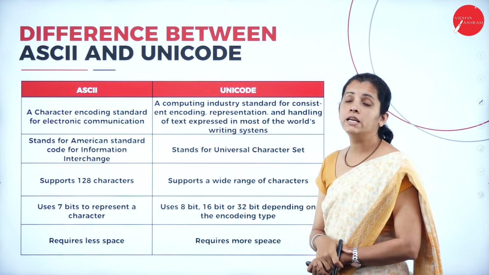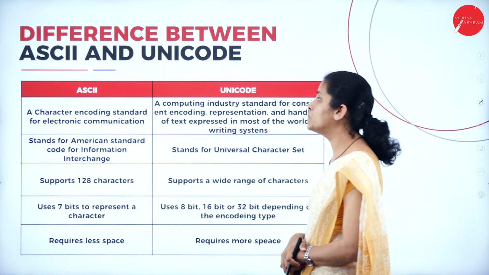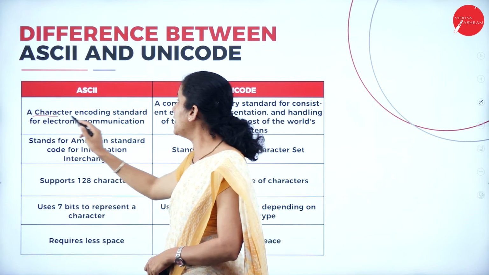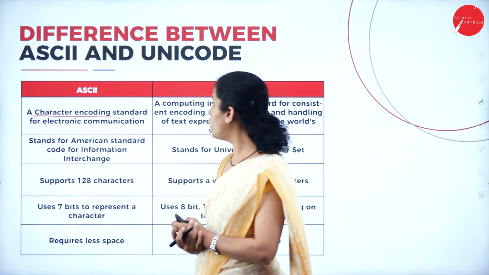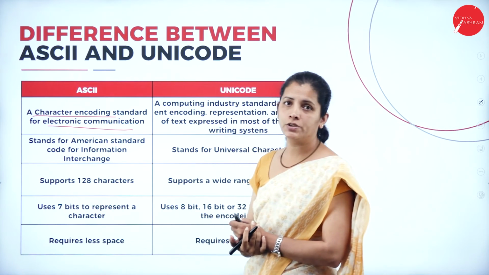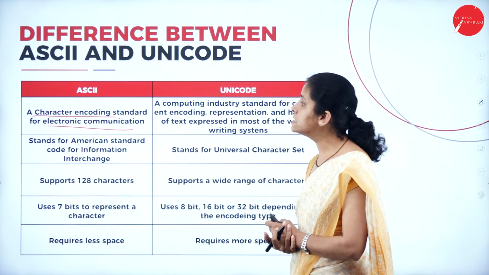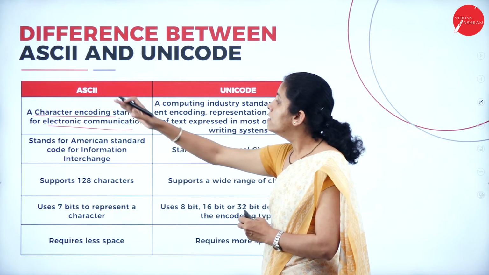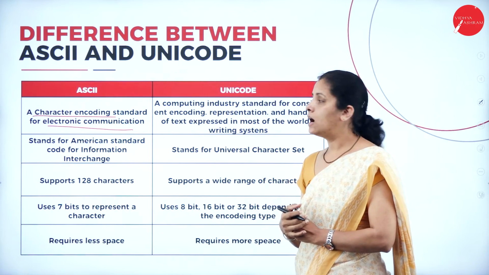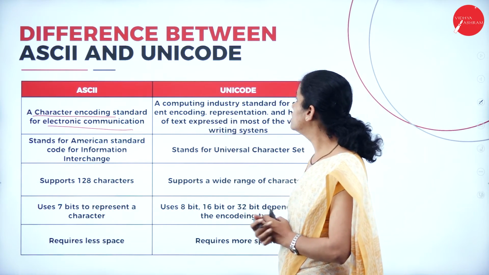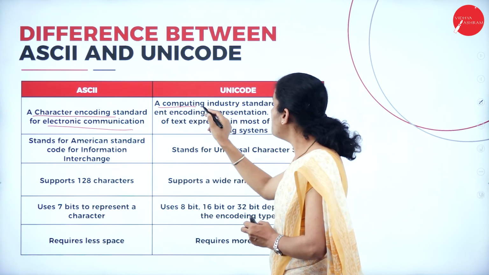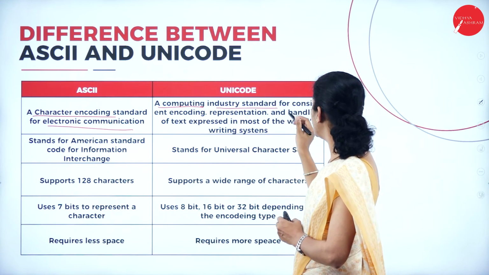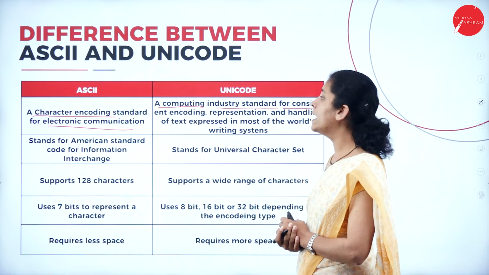Now, I'm going to look at the difference between ASCII and Unicode. ASCII is a character encoding standard for electronic communication. Unicode is a computing industry standard for consistent encoding.